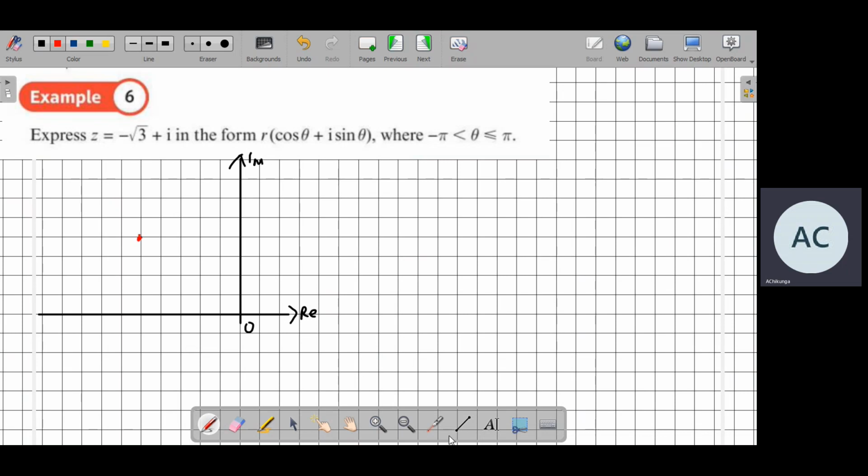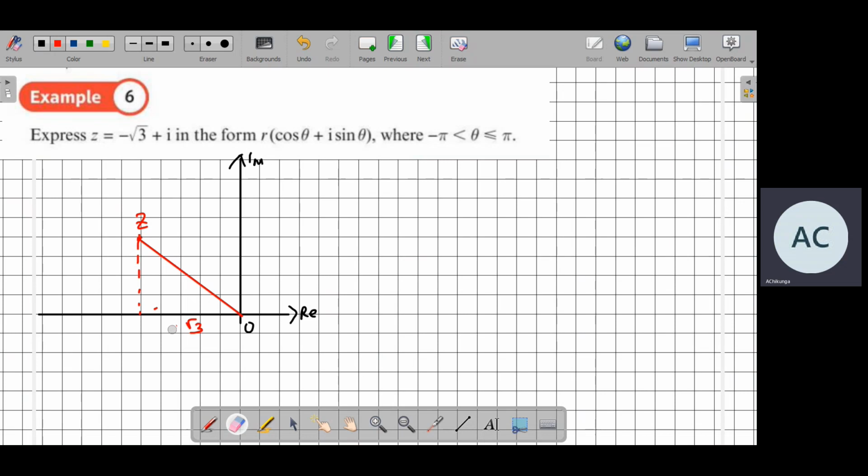So I'm going to write it here and I'm going to draw it as z. What does this mean? This means this part here, from here to here, is minus root 3. Or rather, it's just not minus, because already I know it's minus.